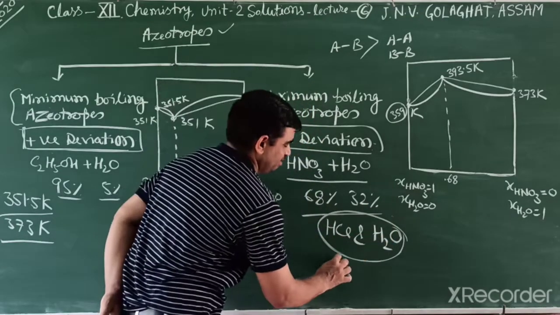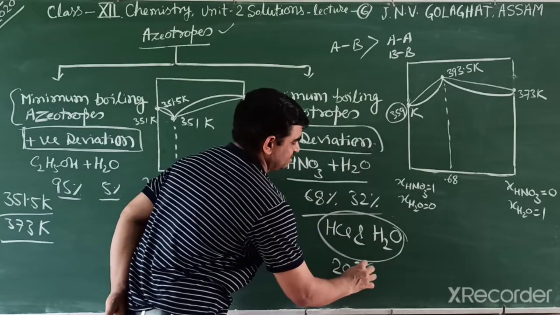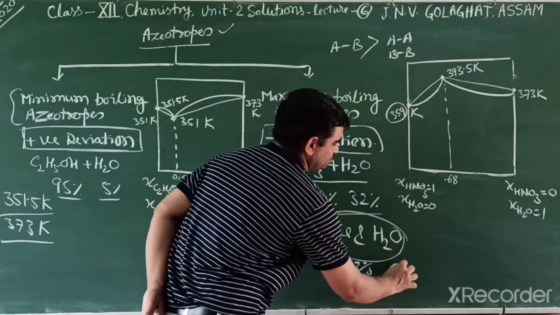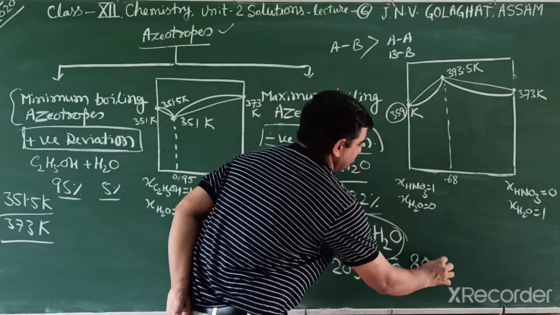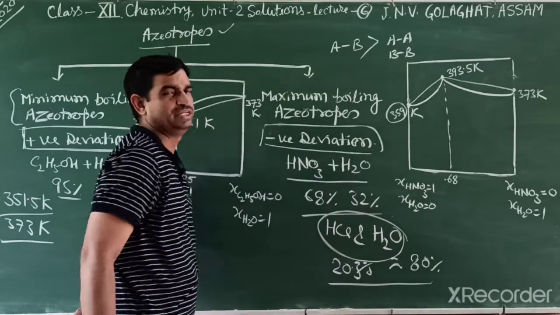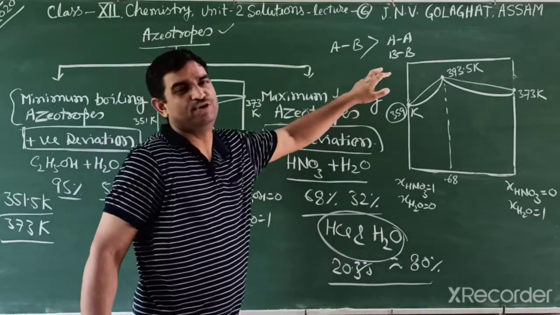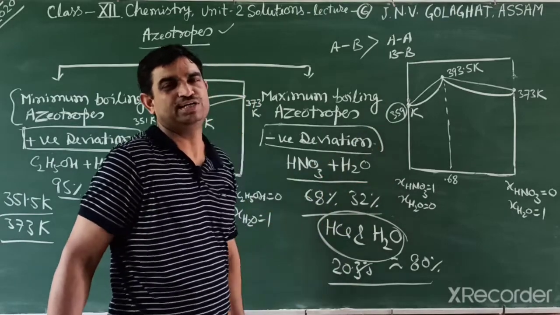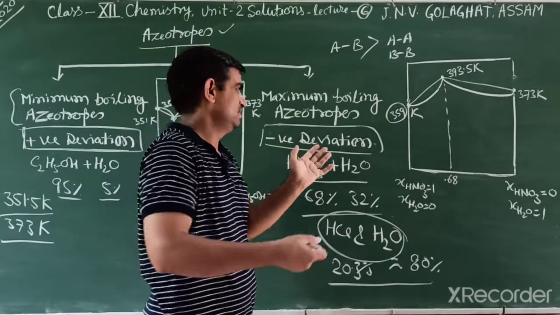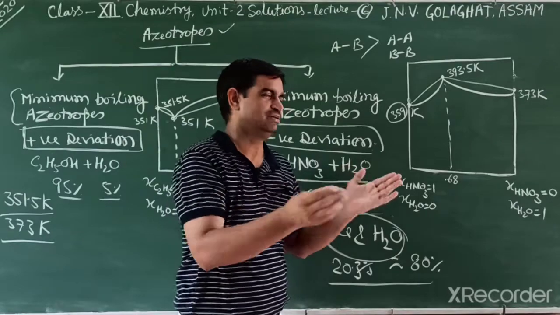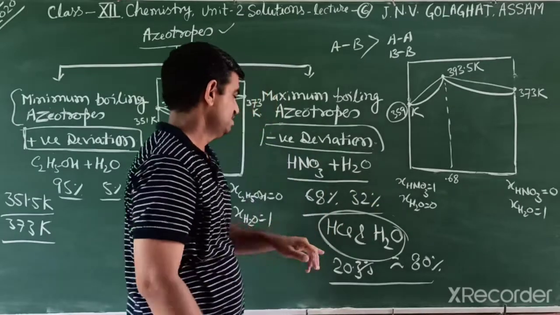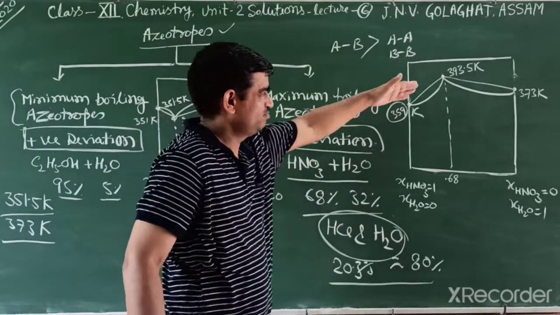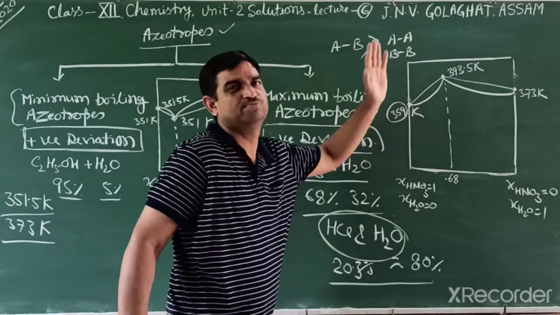That is HCl almost 20.3% and the remaining approximately 80% is water. It shows negative deviation, because when they mix then a new bond forms. And that composition has a higher boiling point than the HCl boiling point and the water boiling point.